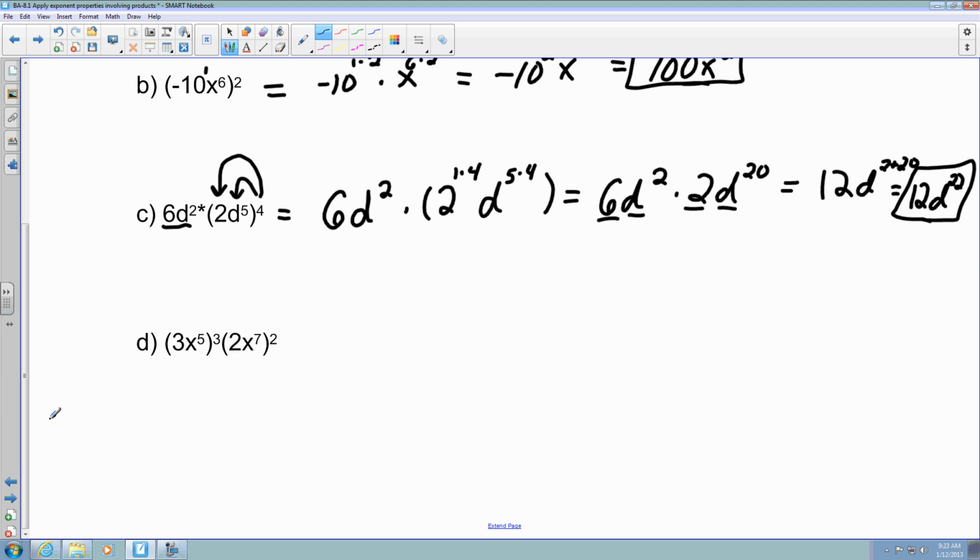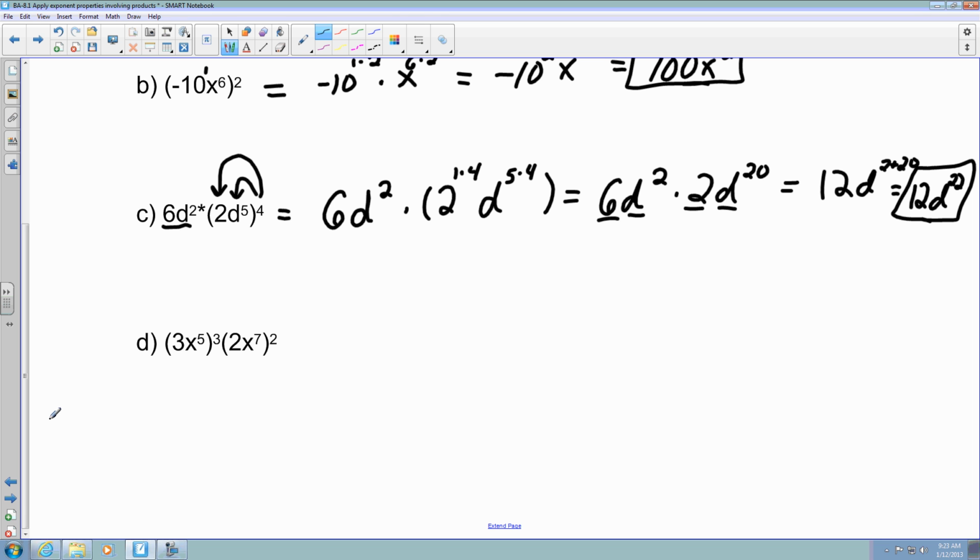Last example. I got 3x to the 5th, all cubed, multiplied by 2x to the 7th, all squared. Now remember, that 5th power and 7th power are only attached to the variable x. It does not have any affiliation with the 3 or the 2.